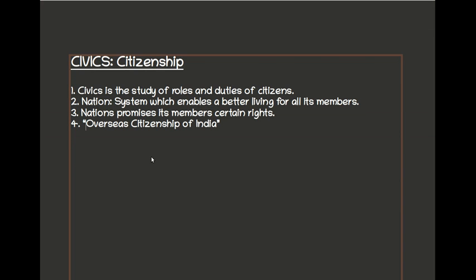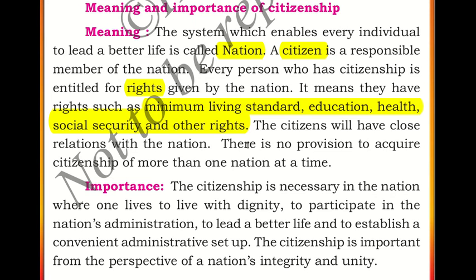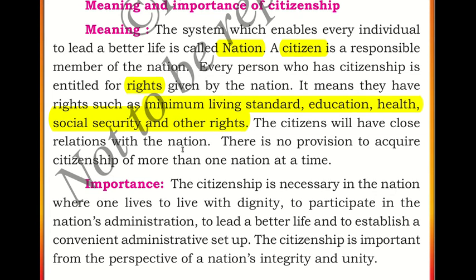Although a nation does not allow a citizen to be a citizen of more than one country at any given time, India has a provision called Overseas Citizenship of India that is given to citizens of India who have settled in different countries. So this is also known as dual citizenship or OCI. If you need to know more about it, you can find out more with the help of books or the internet. So there is no provision to acquire citizenship of more than one nation at a given time.